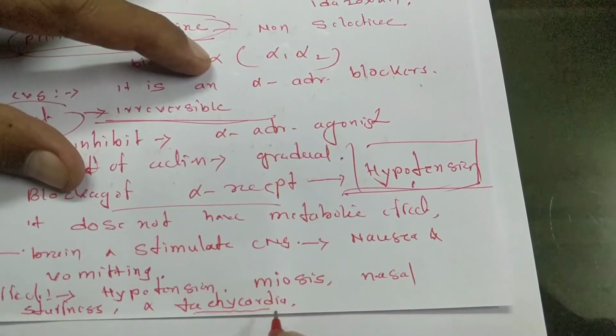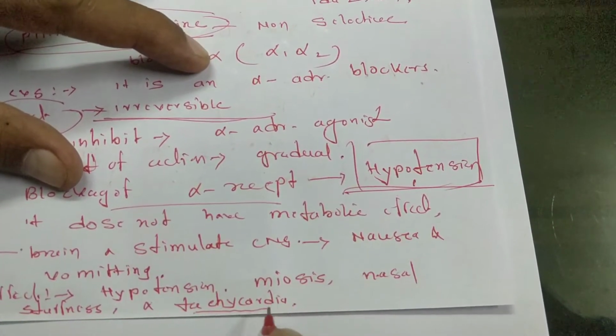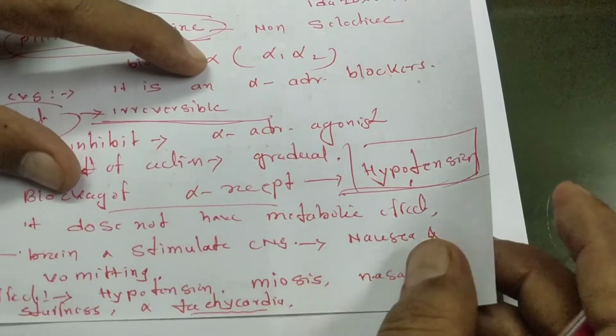Bradycardia and tachycardia occur, and the upper part of the blood pressure should rise.